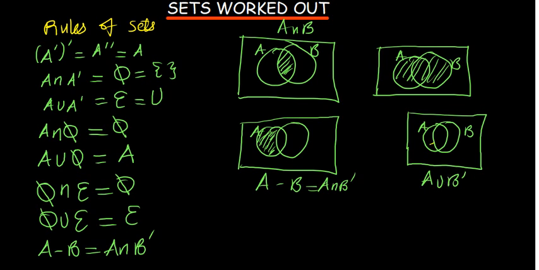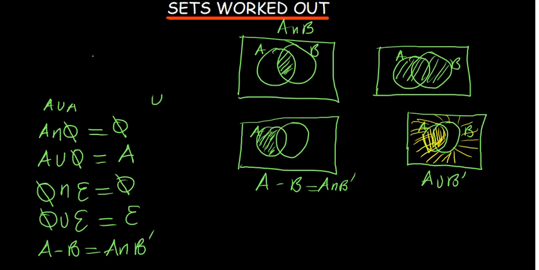B complement is just everything that is outside B. Now this is not intersection, it is union, meaning combine with A, meaning shade also the set A. So I'm also going to shade everything in the set A. So that is how you get to shade. So you see the difference between A intersection B complement and A union B complement. However difficult something might look, this is how you go about it when you want to shade sets.